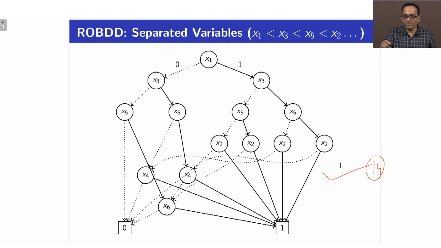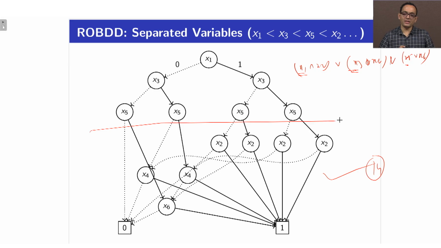Because you have the formula x1 and x2, or x3 and x4, or x5 and x6. Even if you take x1, x3 and x5, till this point you cannot make any decision. You have to create all nodes here, because you have to consider all possible values of x3, x5. Then whenever you get x2, if this is 1 I get 1.